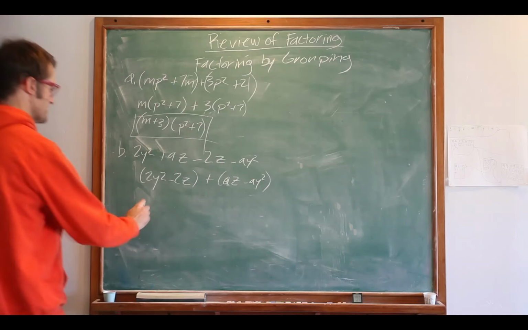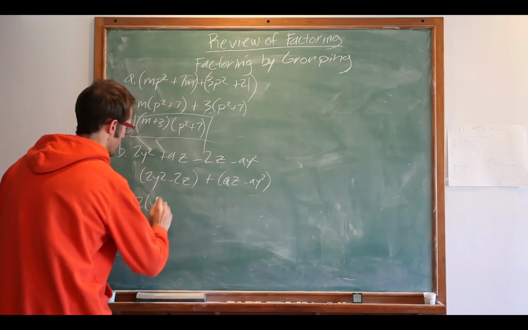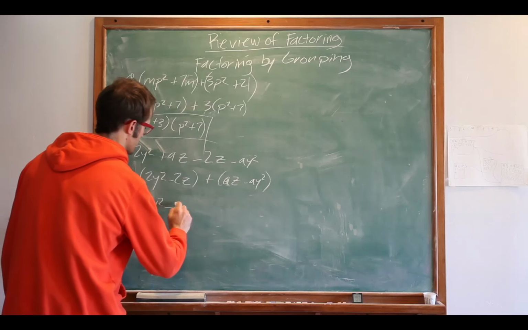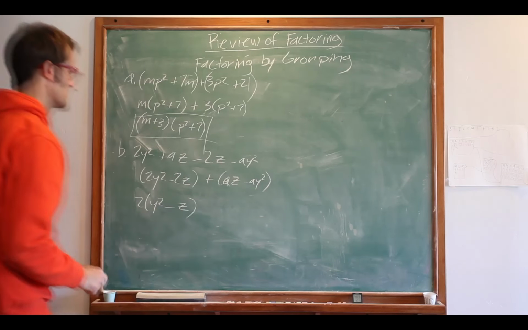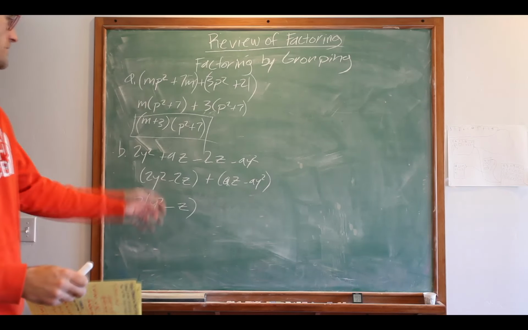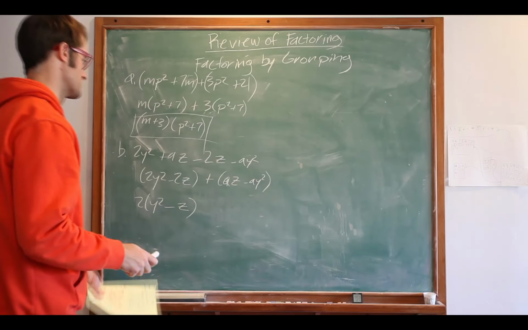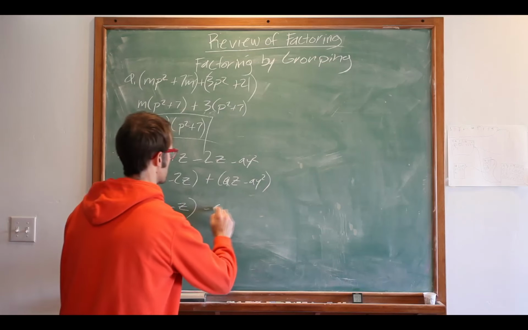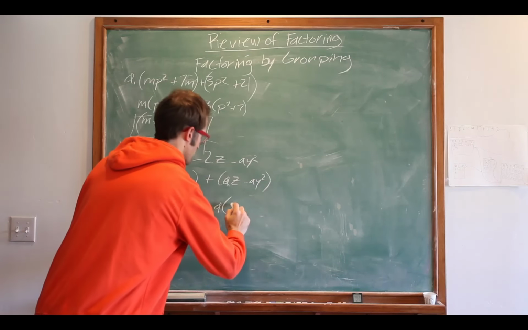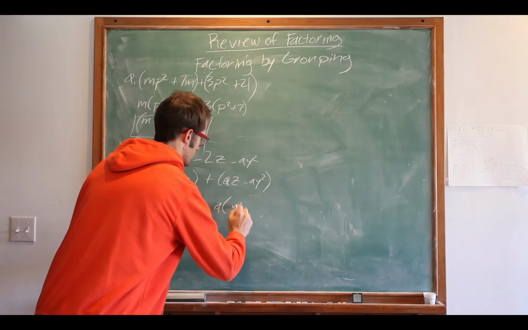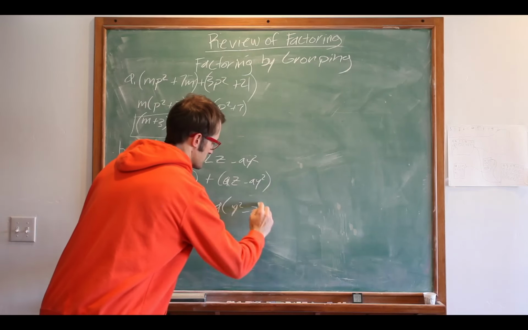Okay, so let's pull the 2 out. Y squared minus z. And then to get y squared minus z on here, I'm actually going to have to pull out negative a. So let's do minus a, y squared minus z.